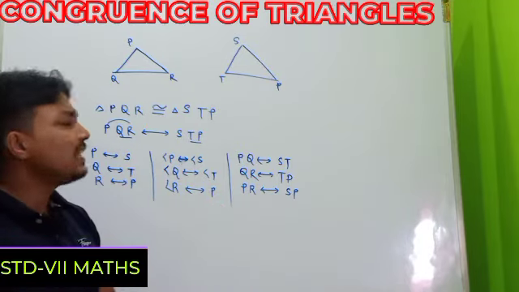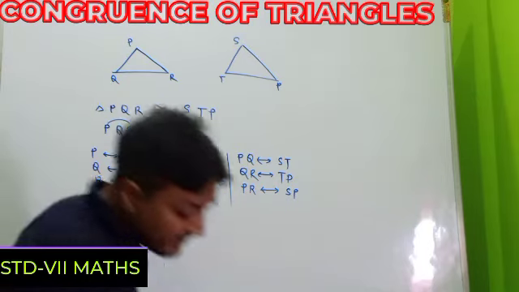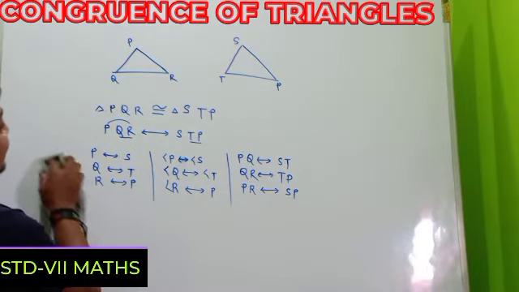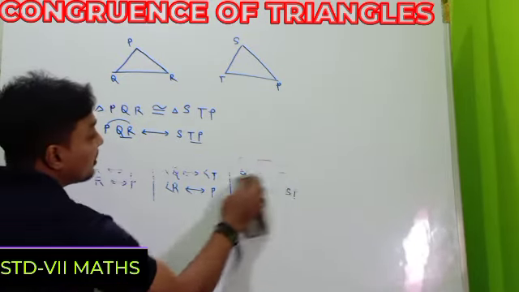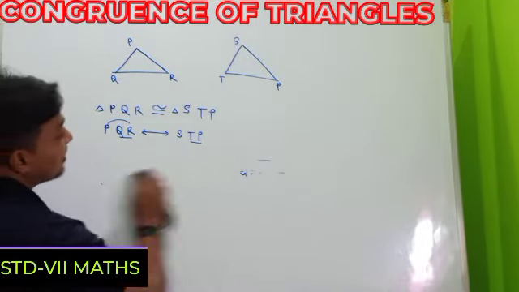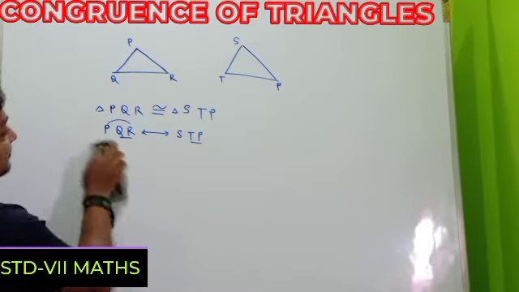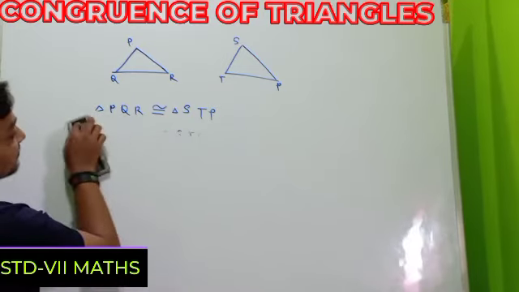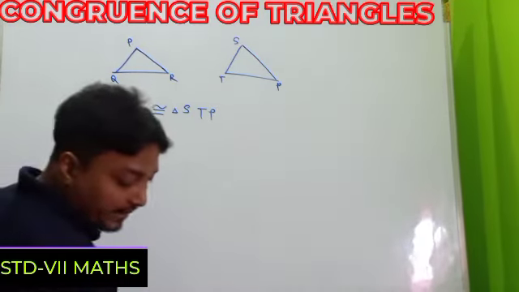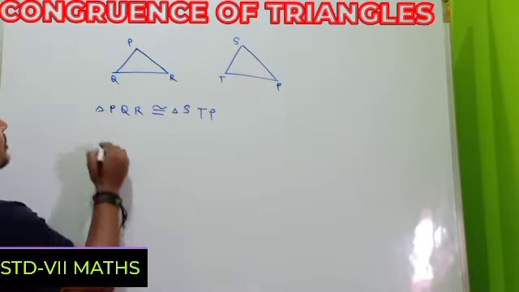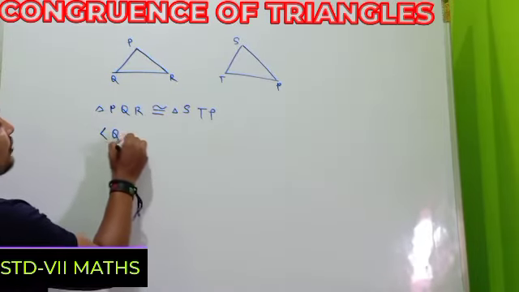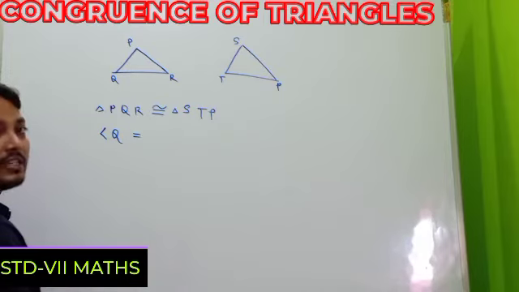Understood? The question may come in another variety, without all these things. It may ask you just like this. Both the triangles are congruent. So tell me, Q angle is equal to which angle?